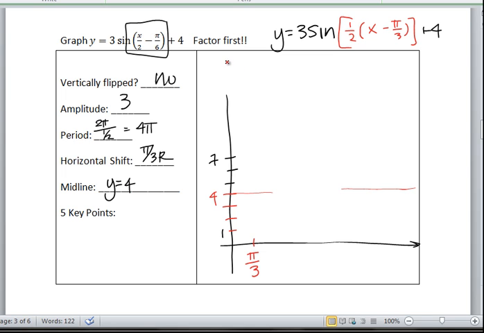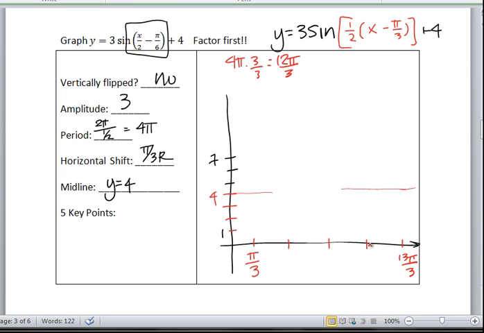So 4 pi times 3 over 3, that's 12 pi over 3, right? And I'm adding pi to it, so I'm going to end up at 13 pi over 3. So this is 13 pi over 3. Okay, and now I just need to fill in the blanks here with what's in the middle.